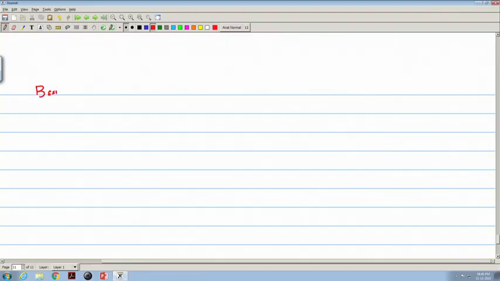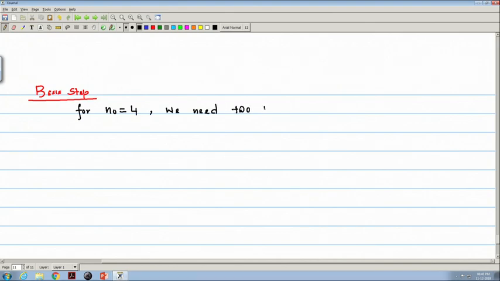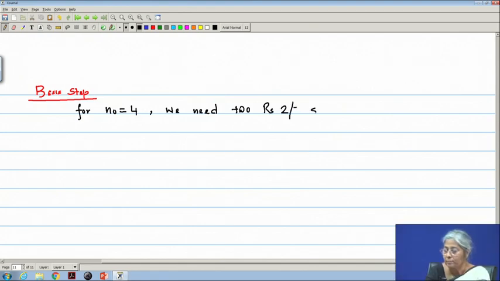So, our basis step. For n0 equal to 4, we need ₹2 stamps.